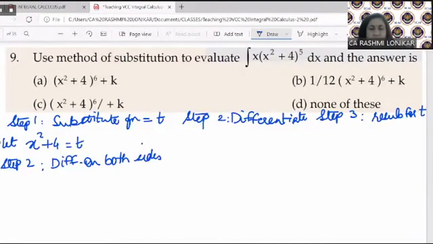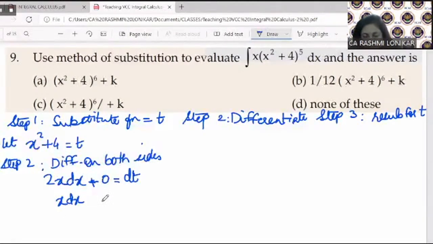What is the derivative of x square? It is 2x dx. What is the derivative of 4? 0. What is the derivative of t? dt. So what do I get? x dx is equal to dt upon 2.